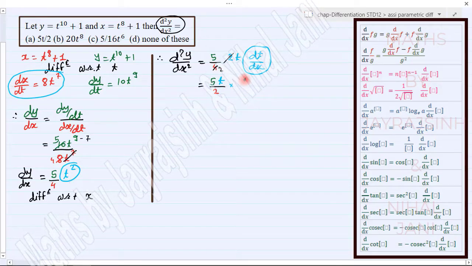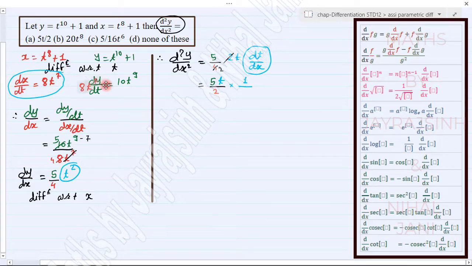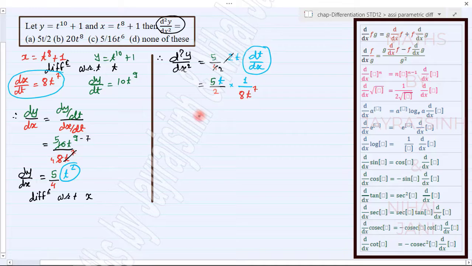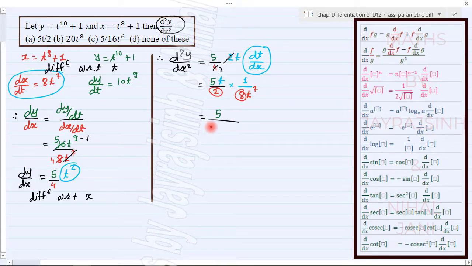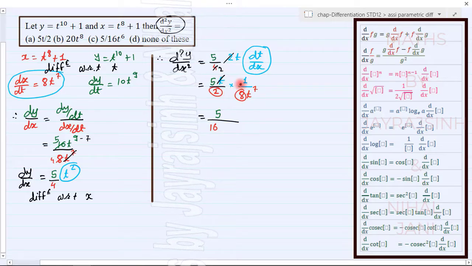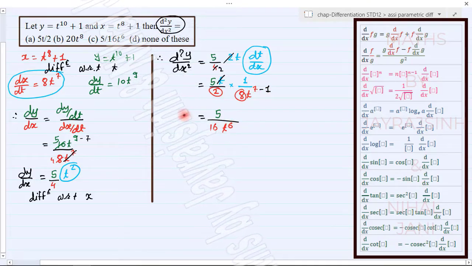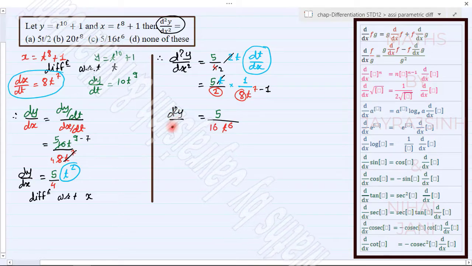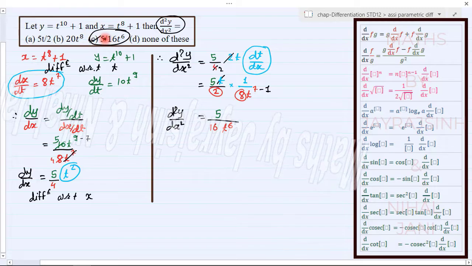So let's place the value 1 upon 8t raised to 7. So here we'll get 5 upon 2 8s are 16, and you have to reduce 1 power of t. So we will get t raised to 6 as your d square y by dx square, which is given in option C. Ta-da!